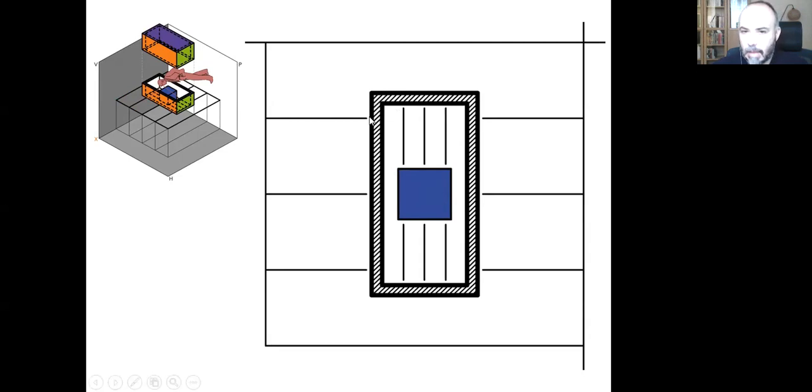And this hatch is done just to indicate that this surface was cut for the plan. When I wanted to create the plan, I cut this surface.